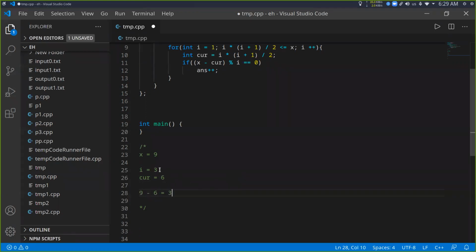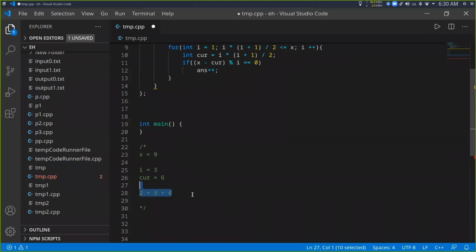Is 3 divisible by 3? Yes, of course. So I had here 1 plus 2 plus 3, and I want to distribute the remaining 3 over these 3 values. So what I'll do here is increase every one by 1. And I reached the goal. So this equals 9.